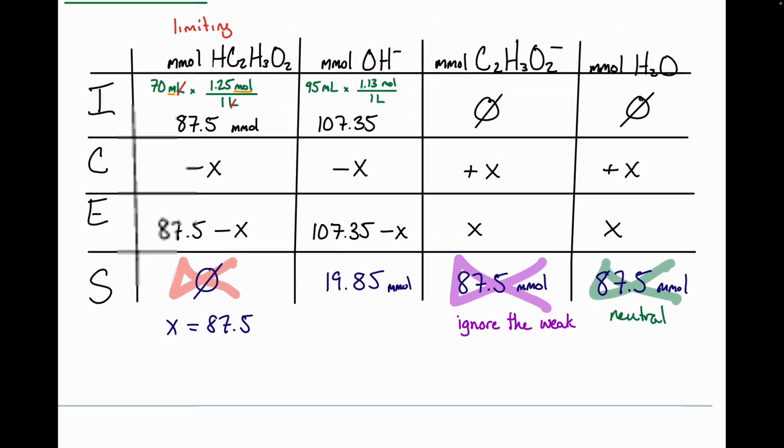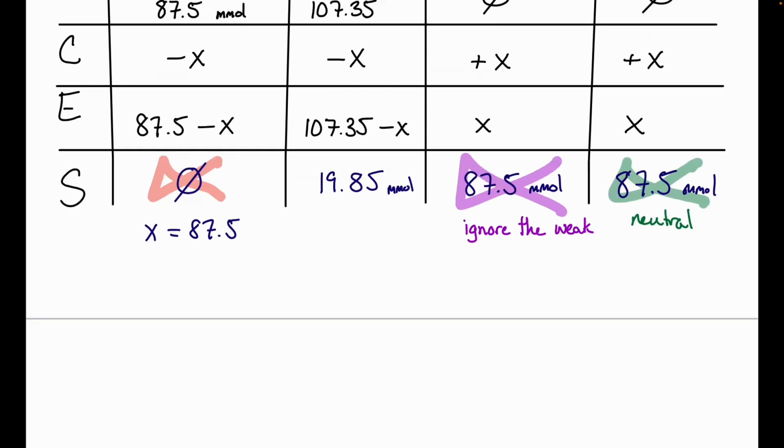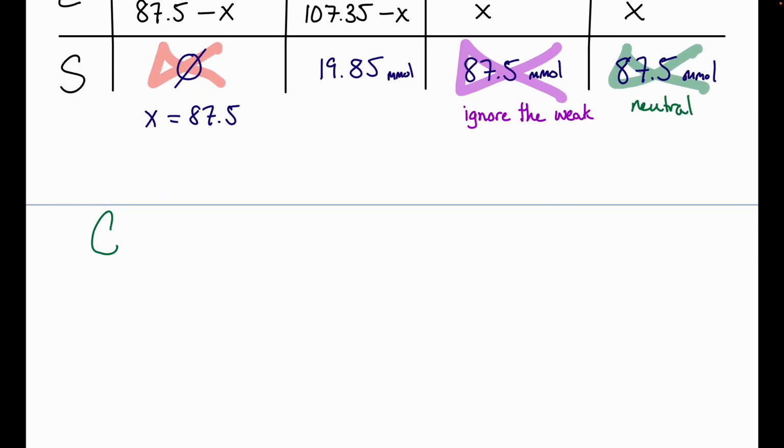All right, so what we're left with effectively at this point in my titration curve is just a solution of that strong hydroxide base. So we're going to calculate the pH of our solution.